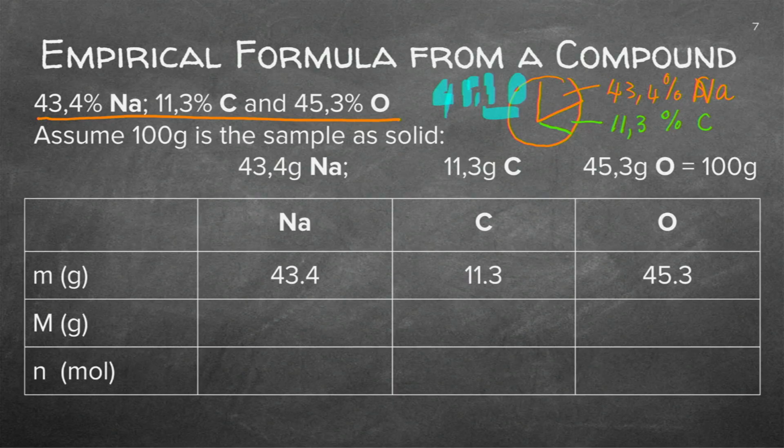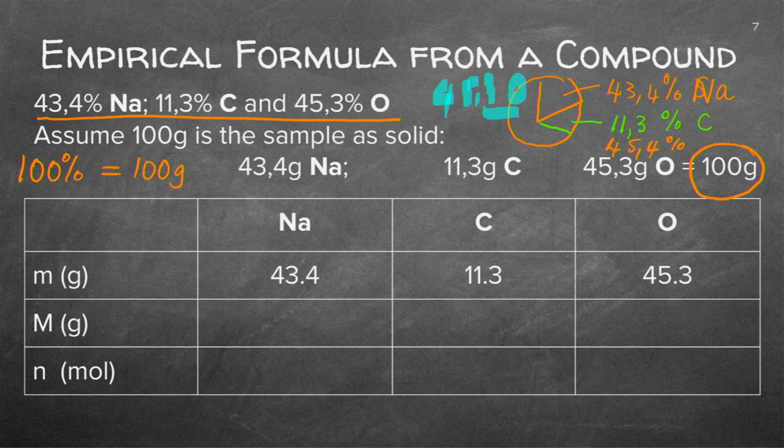I'm now going to show you how you calculate the empirical formula. We'll assume, and we don't have to assume, you can actually do that, if you add these 3 figures together, you'll actually get 100 grams. It's 100%. So we say now 100% is representative of 100 grams.